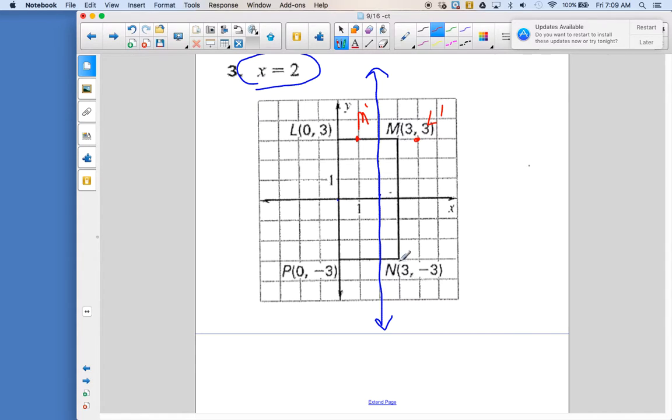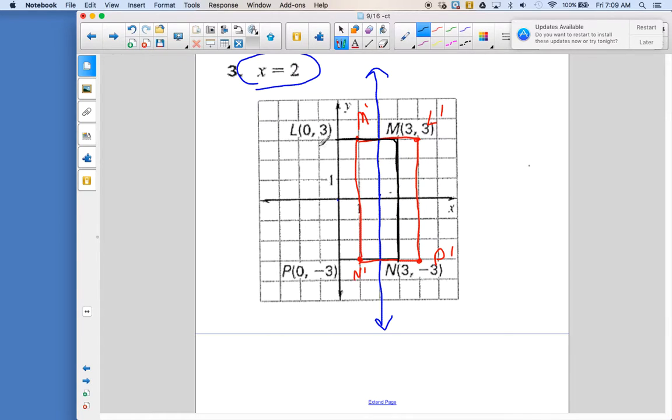N is 1 unit to the right, so N prime is 1 unit to the left, and P is 2 units to the left, so P prime is 2 units to the right of my line of reflection. And now when I connect my points, you can see I flipped across the blue line. I didn't quite clear my first shape, which is of course right here.